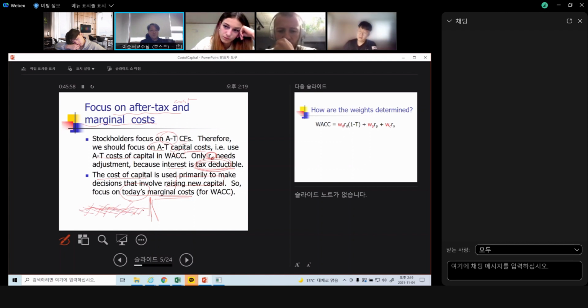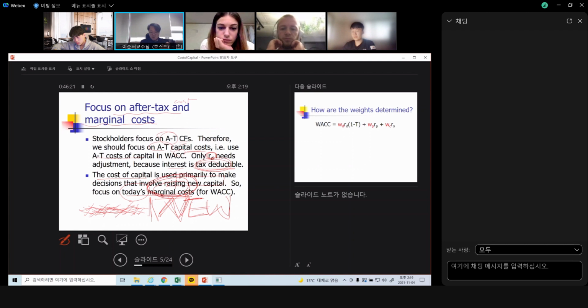You don't have to think about the historical cost. If we raise new capital, how much money should we pay? That is called the marginal cost, right?